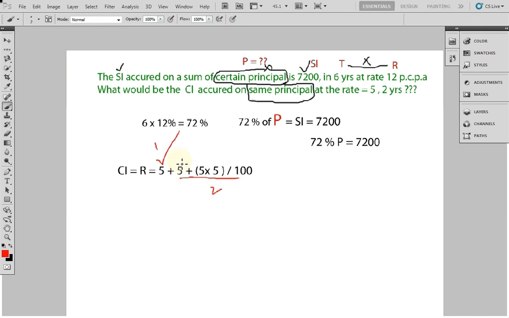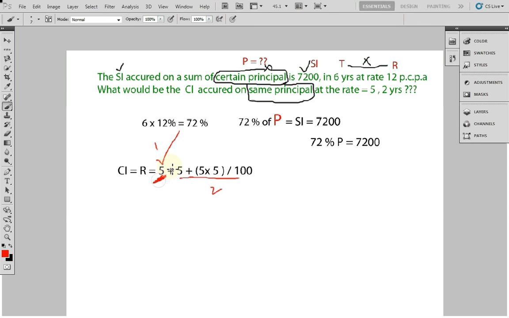This is the first rate of interest, plus we are adding rate of interest percentage, 5 into r by 100. Again r percent of r we are adding for the next year. This is for principal here in the first case.